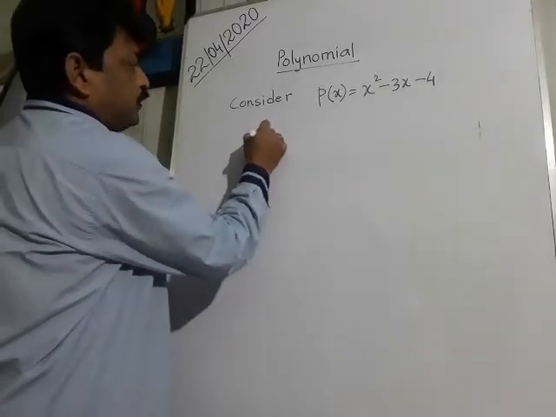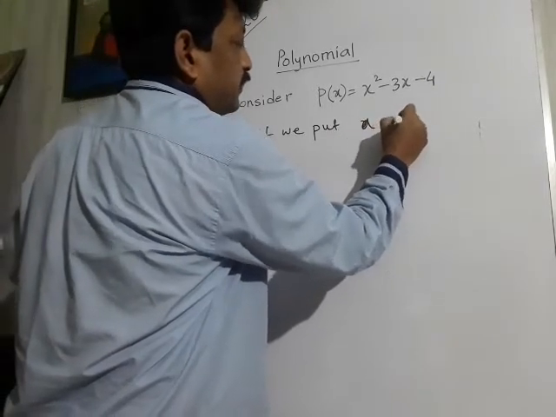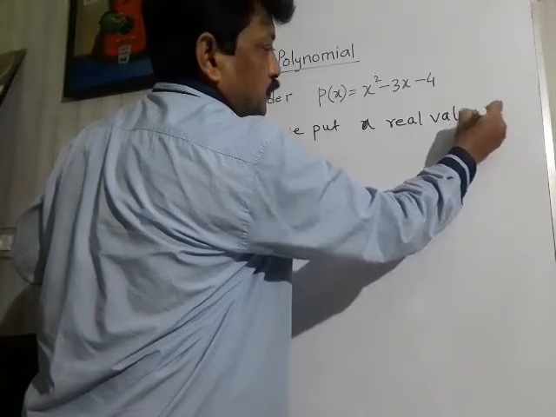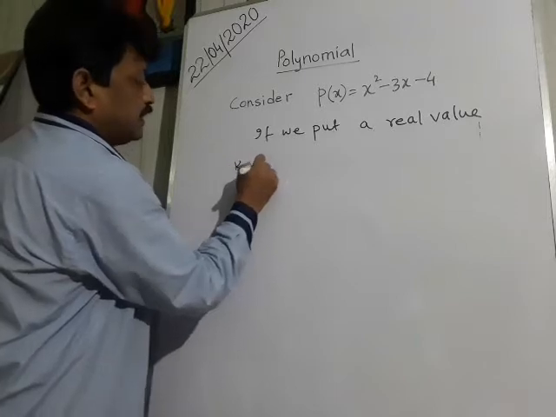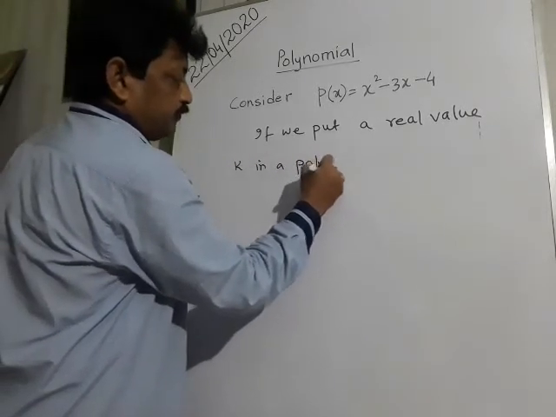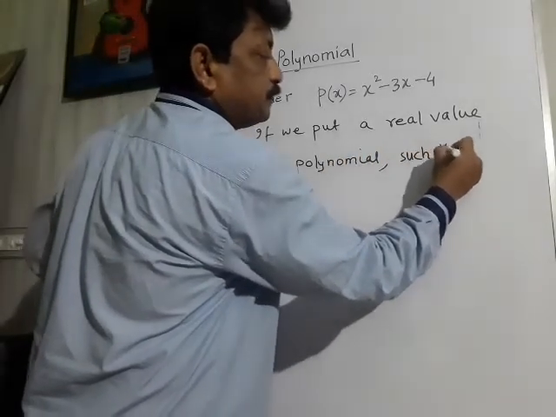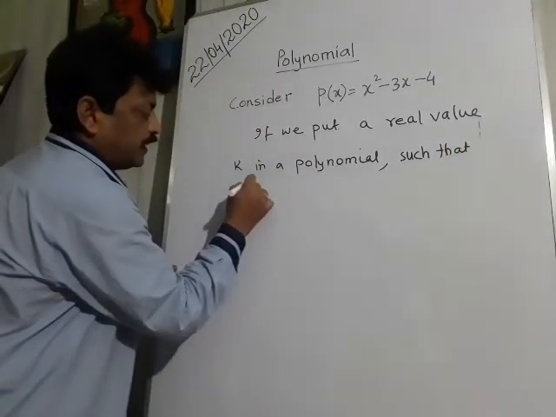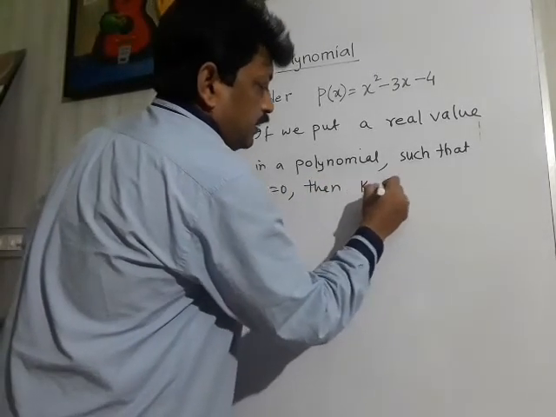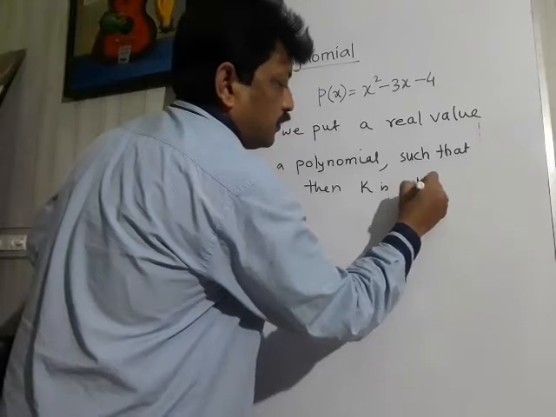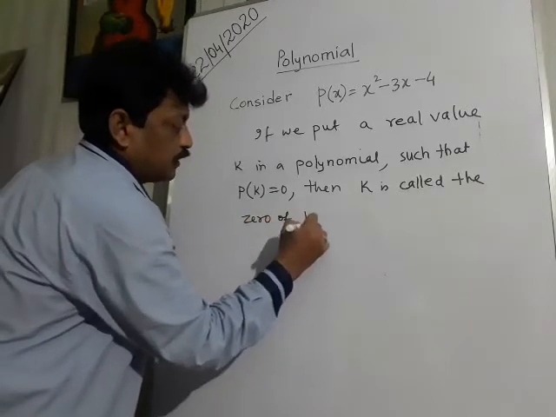So if we put a real value k in a polynomial p(x) such that p(k) equals 0, then k is called the 0 of p(x).